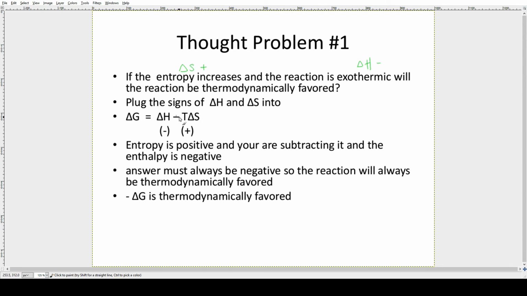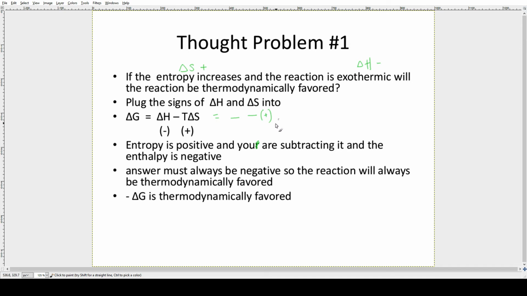So here's your Gibbs free energy equation, and we're plugging in our negatives and our positives. So let's see. If the entropy is positive and you are subtracting it, and the enthalpy is negative, so you'd end up with a negative number minus a positive number.